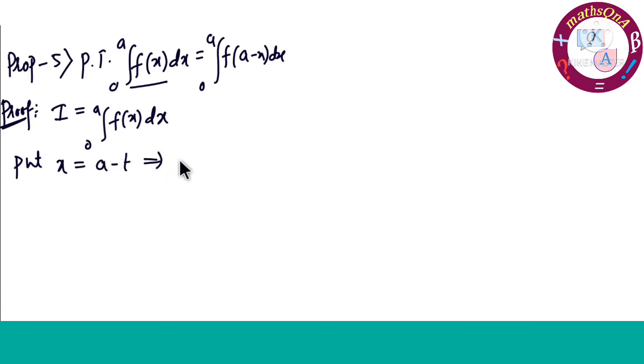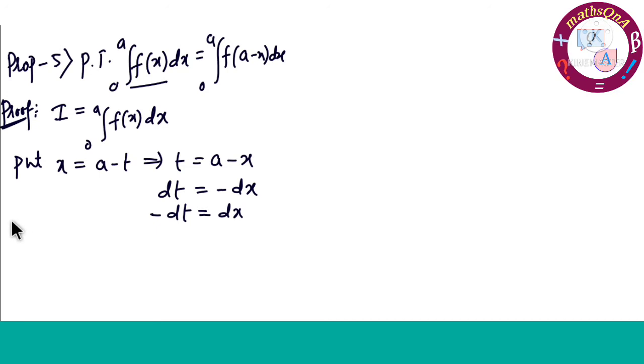This becomes t is equal to a minus x. Now differentiate it, dt is equal to minus dx. In place of dx you have to write minus dt.